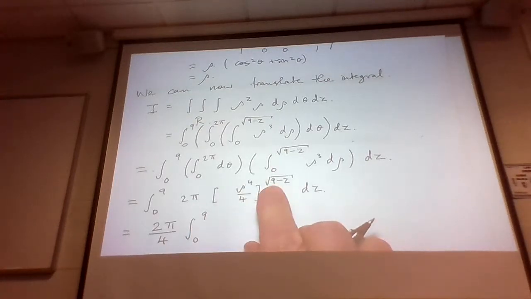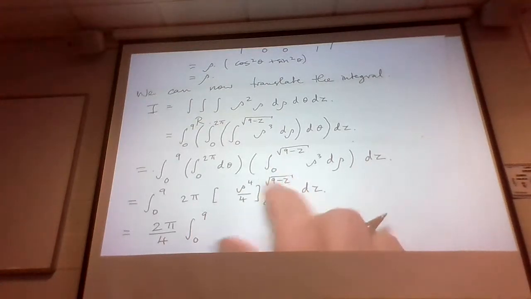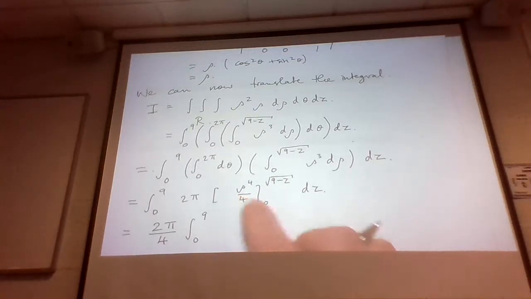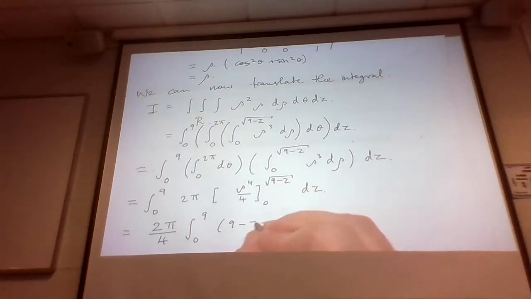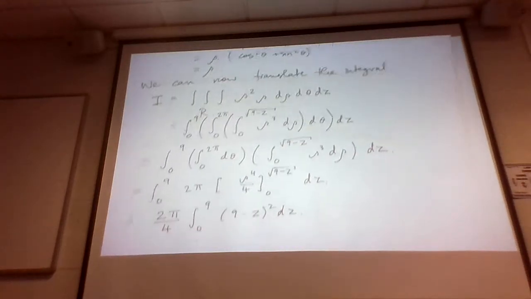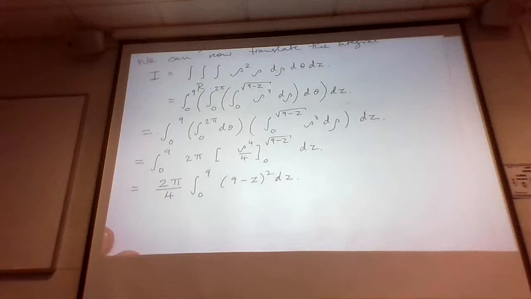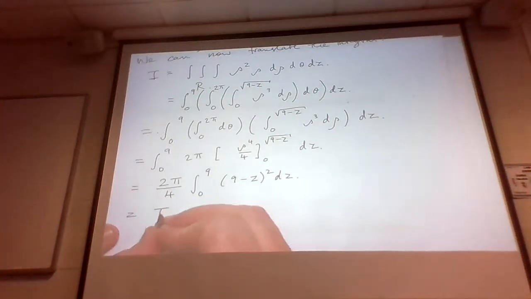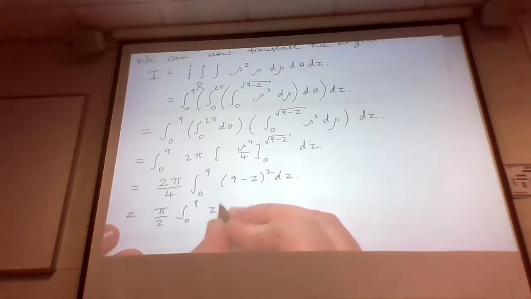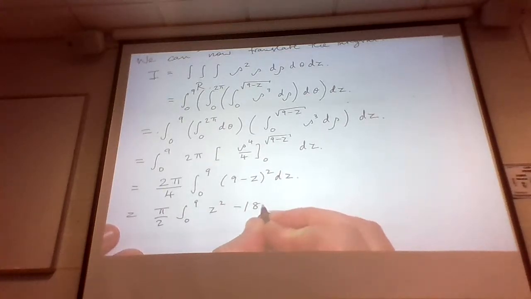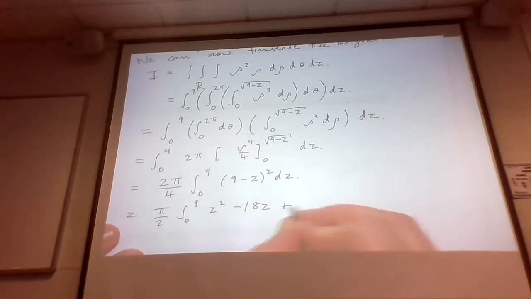And evaluating this, when you evaluate it at rho equals 0, it's just 0. When you evaluate it at the square root of 9 minus z, that's the value going in for rho. It raises to the power of 4, so that's the square of 9 minus z. So really we're talking pi over 2, integral from 0 to 9 of z squared minus 18z plus 81.